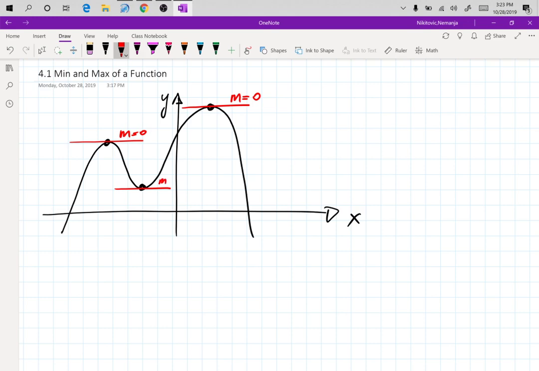So whether you have a minimum or a maximum, the slope of the tangent line is always 0. So this tells us that we can find the x location, which gives us these values, by simply setting the derivative equal to 0.